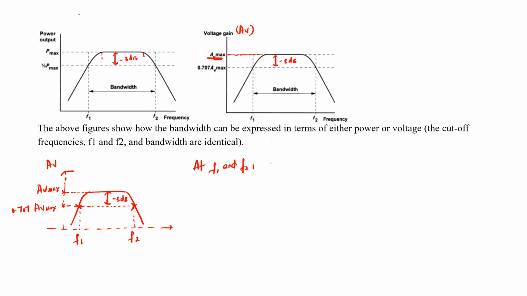The gain would be 1 by root 2 times AV max, which is equal to 0.707 times AV max. Everybody understand that? This is 1 by root 2, or 0.707, if you are taking the voltage gain. If you take the current gain, then also it is 1 by root 2 times AI max, or 0.707 times the current gain AI max.